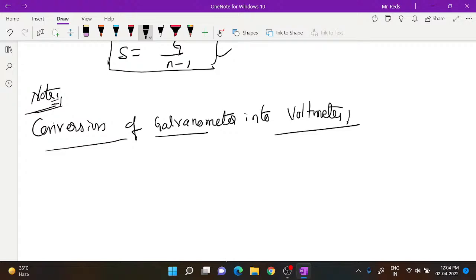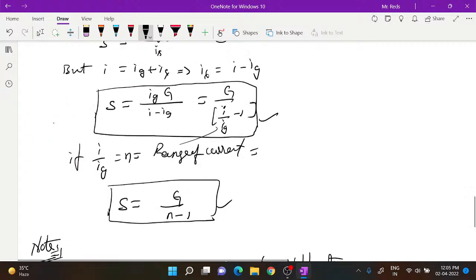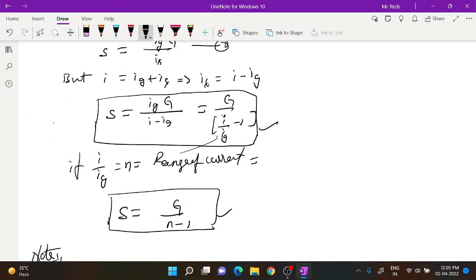The device you use to measure current shouldn't consume any potential. No potential should drop across this. The entire current that is coming should pass through, which is possible only when it has the least possible resistance.